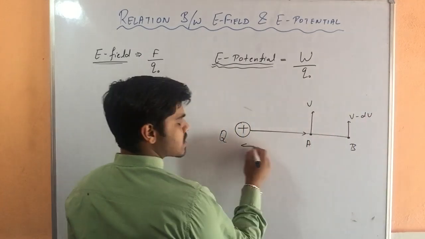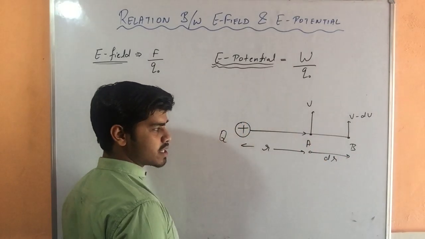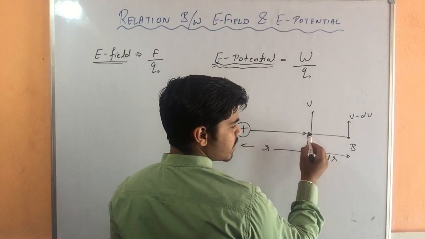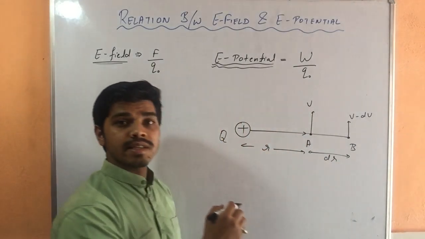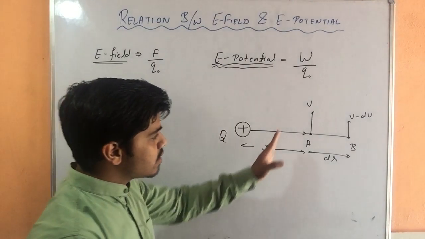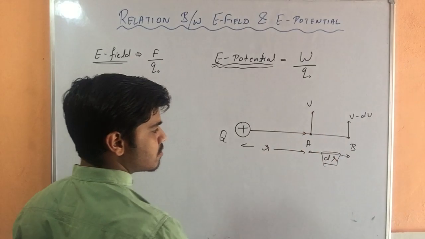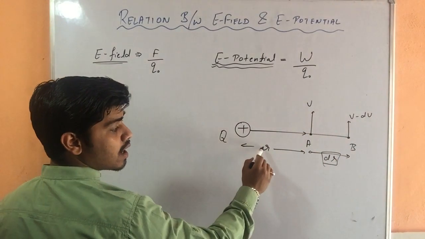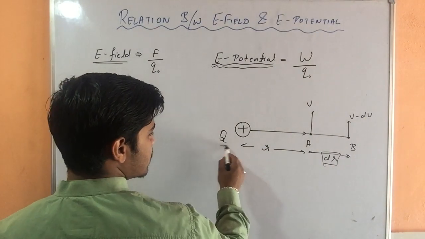As the points are at a small separation from the original charged body, if point A has a potential V, then point B has lesser potential than V, because they are separated by distance r and r plus dr from the original charge Q.